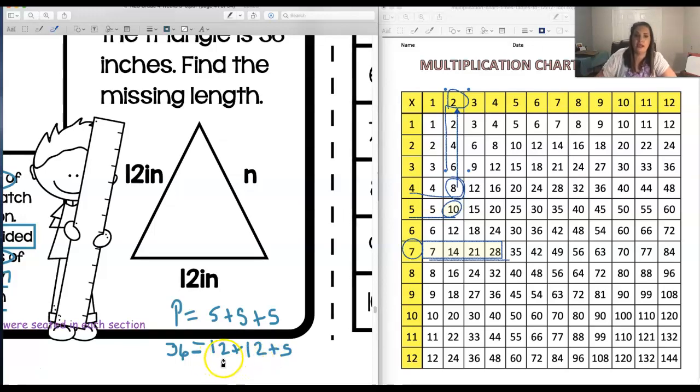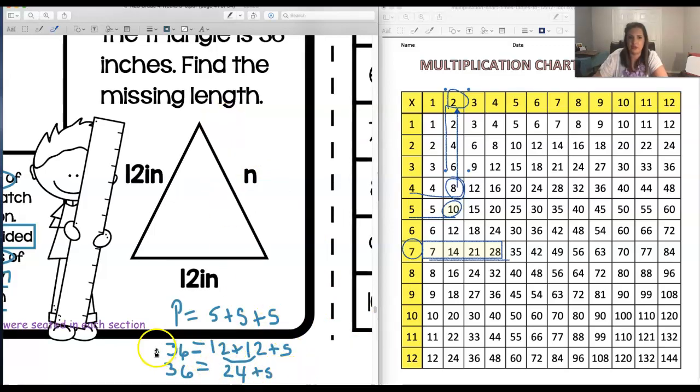So I'm going to go ahead and add up these 2 sides then. 12 plus 12 equals 24. And I still have the side that I don't know. And I know all of it together, though, equals 36. Well, you guys have learned this in 2nd grade, 3rd grade, that addition is the opposite of subtraction.